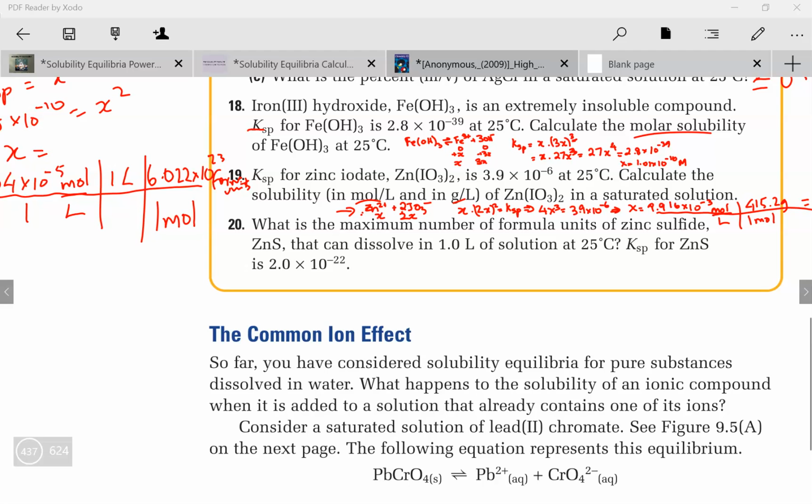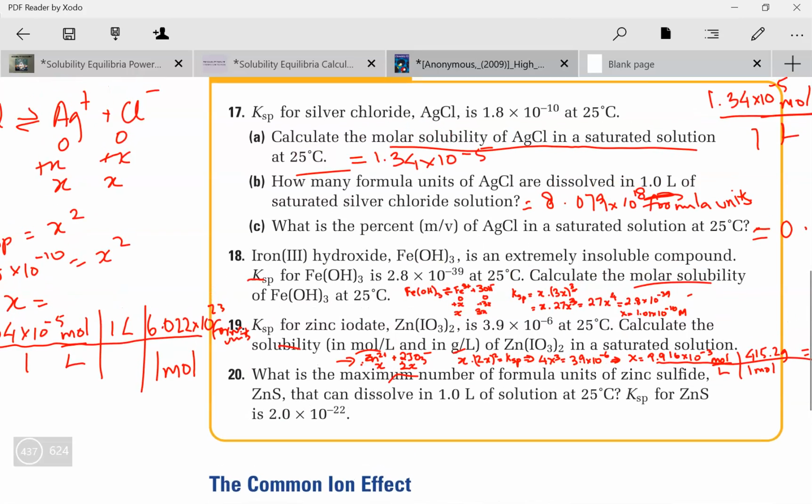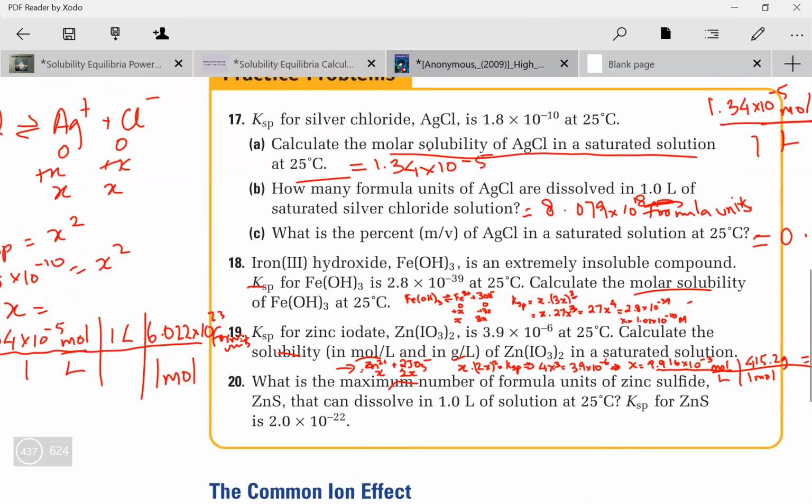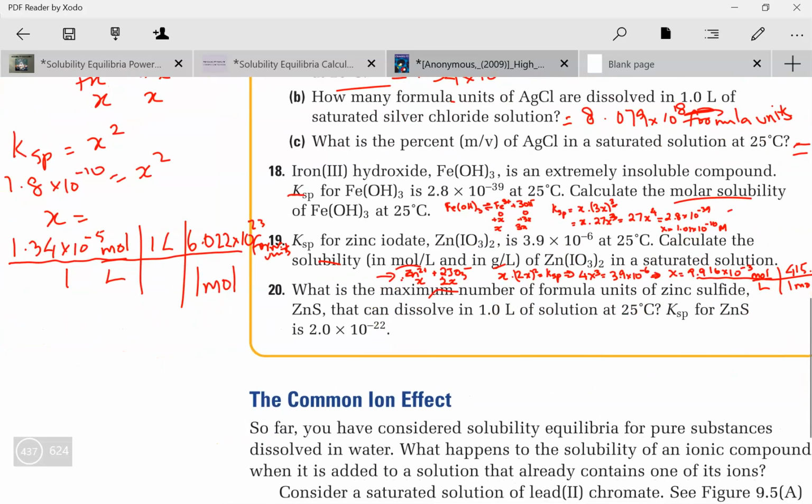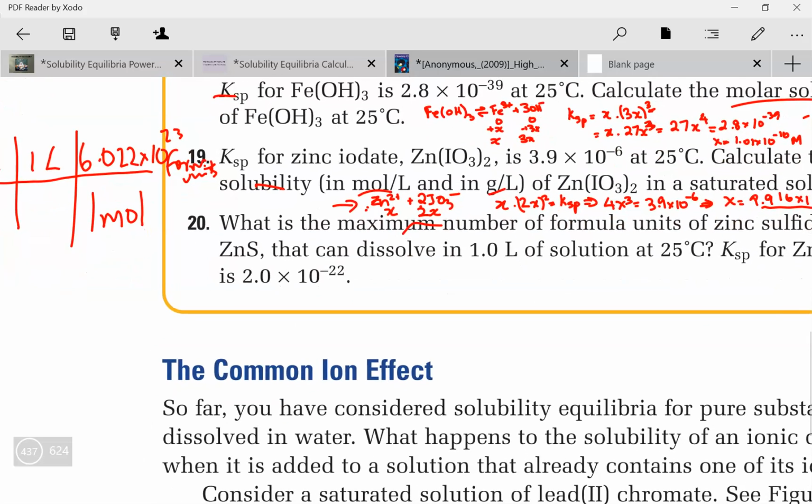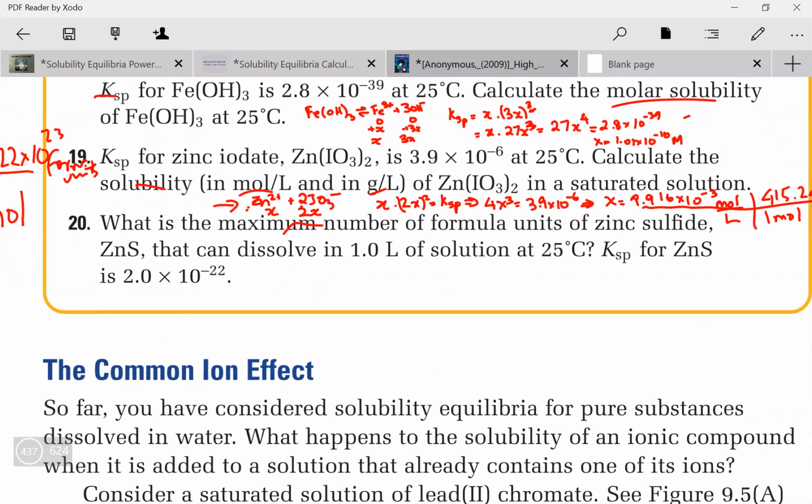Okay. Formula units, again, maximum number, solubility, molar solubility, formula. All of this means that we're calculating our x value at equilibrium, right? So here, what do we have to do? Again, find our x, zinc sulfide. I'm going to skip some steps here.